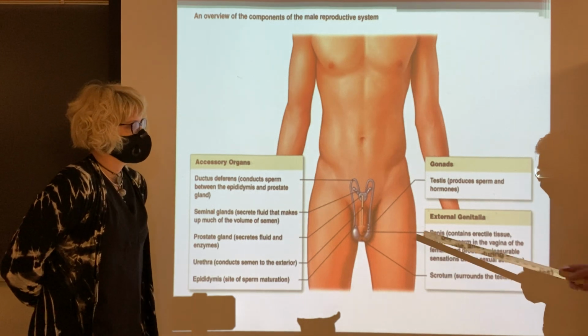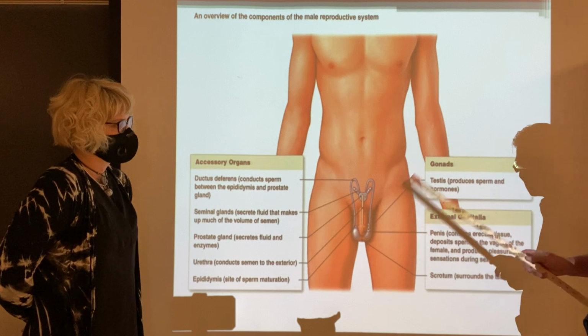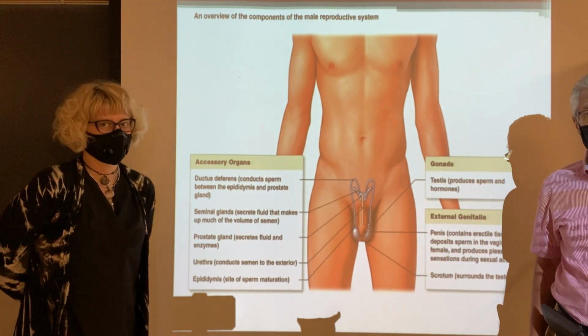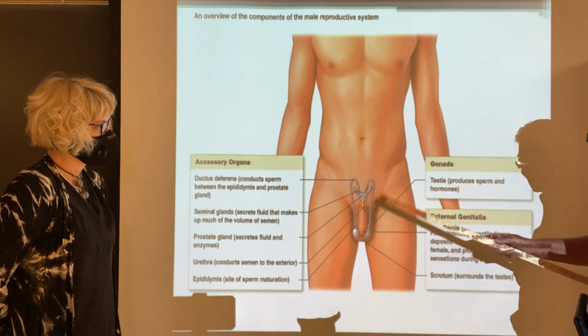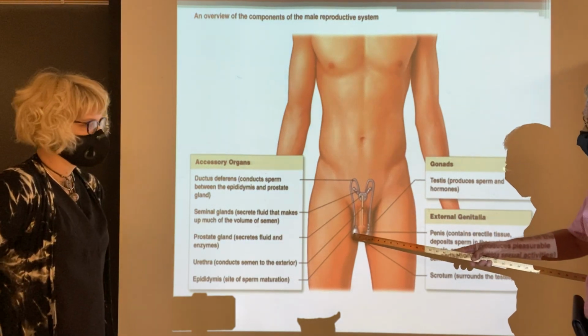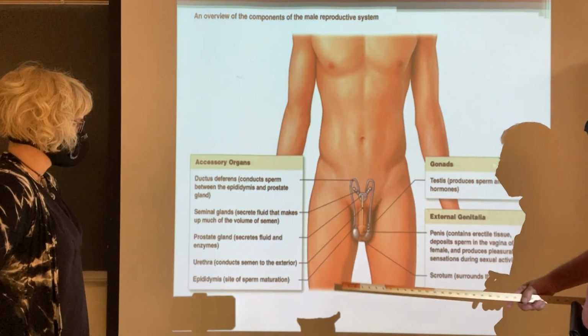The scrotum. The scrotum is where the testes are housed, or what we call in a general term gonads, okay? This is where we produce the sperm and the hormones necessary to mature and mobilize.